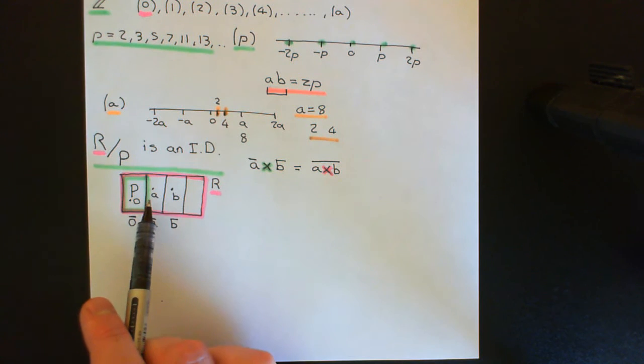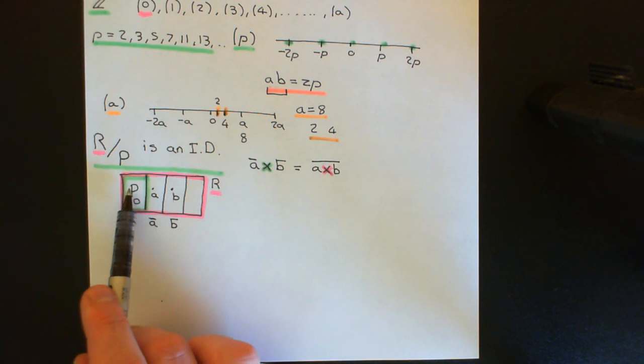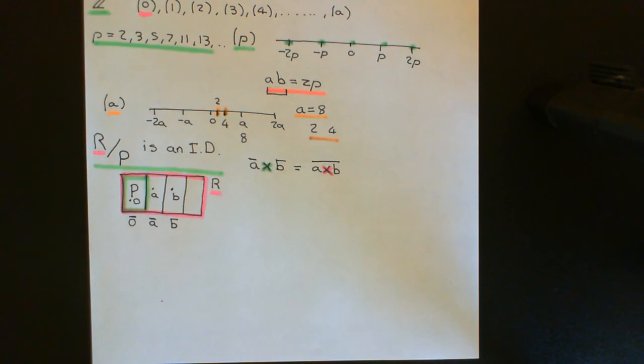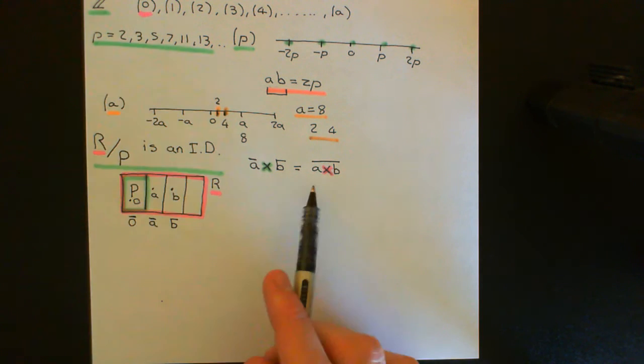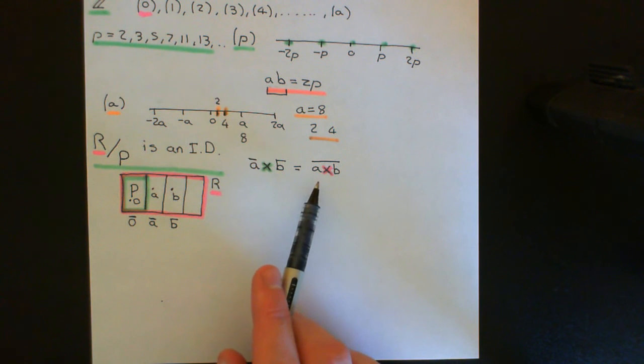A and B were not elements of the prime ideal. Look, they're very evidently outside of the prime ideal. They were in cosets separate from the prime ideal here. So we're multiplying together two elements that are not in the prime ideal, and that must give us an answer that is not in the prime ideal.